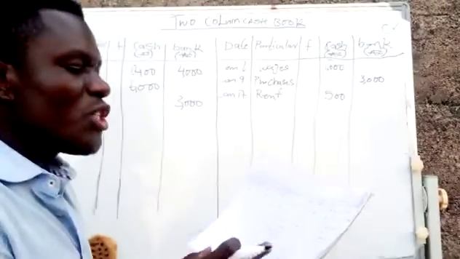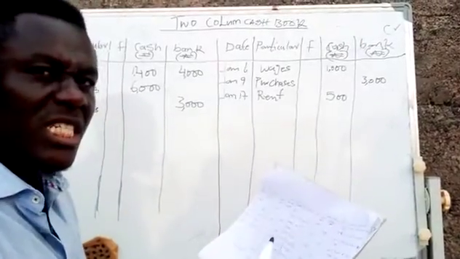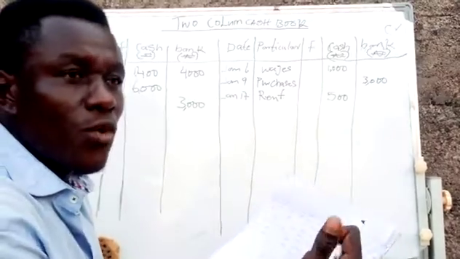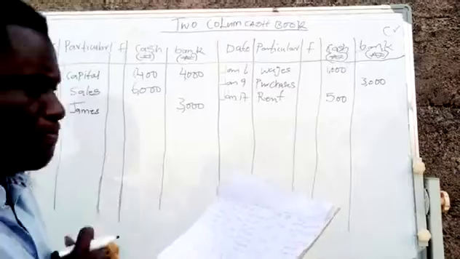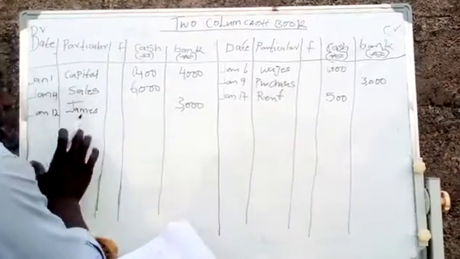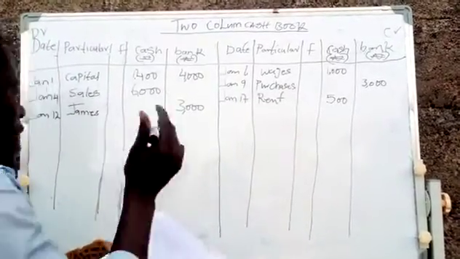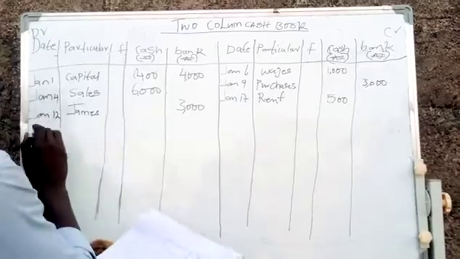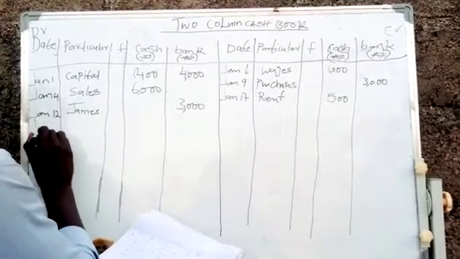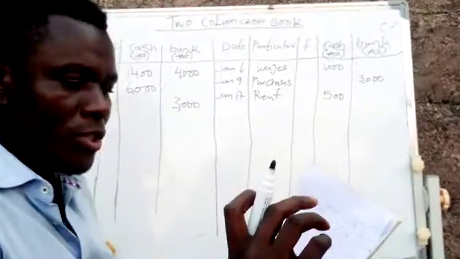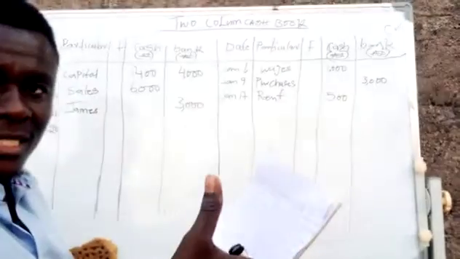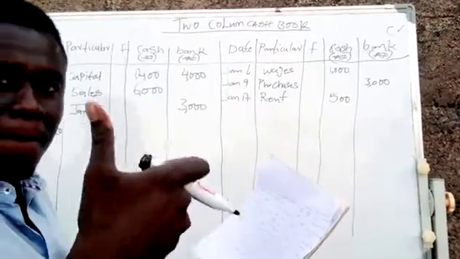Now let's start with the debit side. The date is 20th January. The question says withdrew cash from bank.